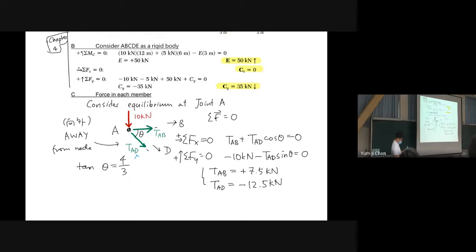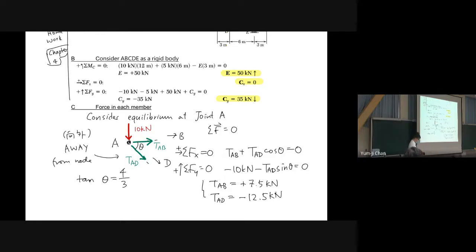Now, what does it mean by positive and what does it mean by negative here? For the forces, after calculation, if we get a force that is positive, what does it mean? If the force we get is negative, what does it mean? Now we go to the last page.